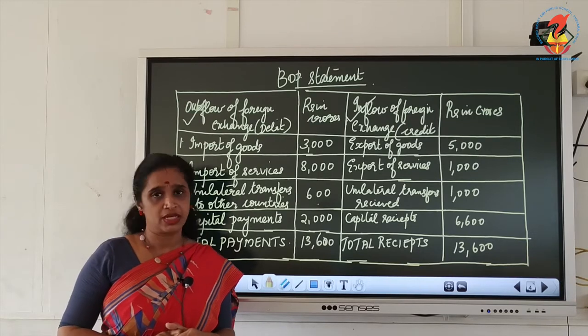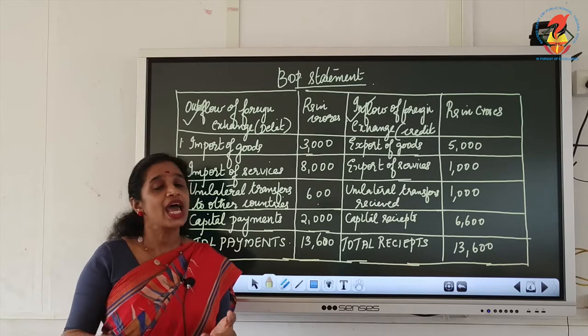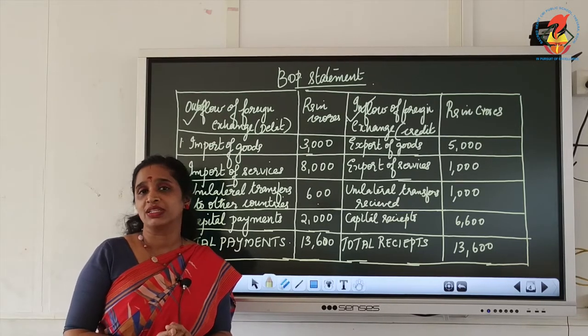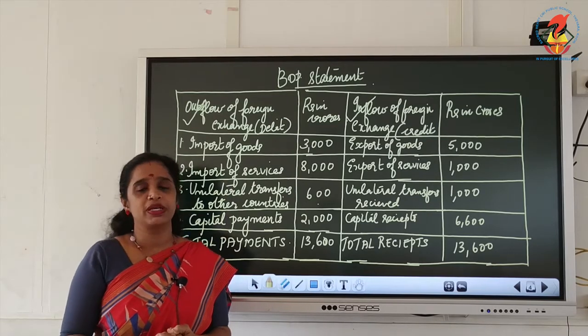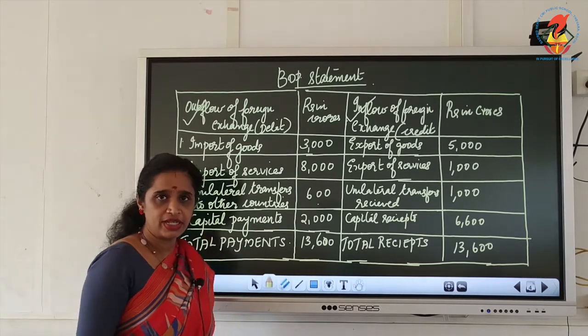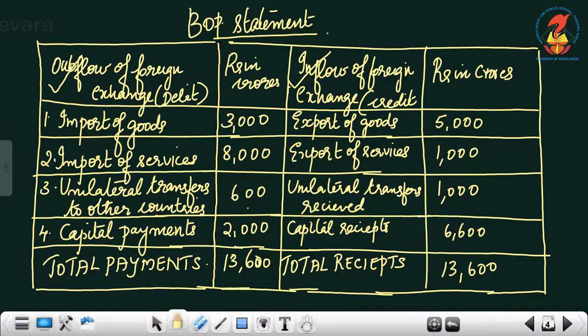Invisible items, services. When we speak about goods, both export and import should be there, where export will be represented on the credit side, import will be represented on the debit side. That is what I have given here. Imports are all represented on the debit side and exports are all represented on the credit side. I hope it is clear to you.